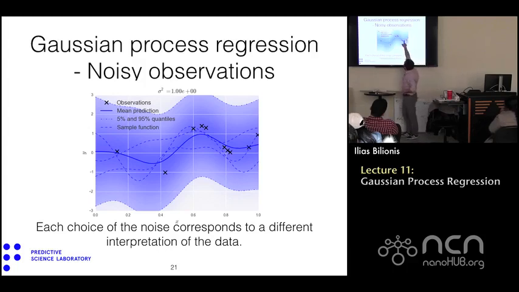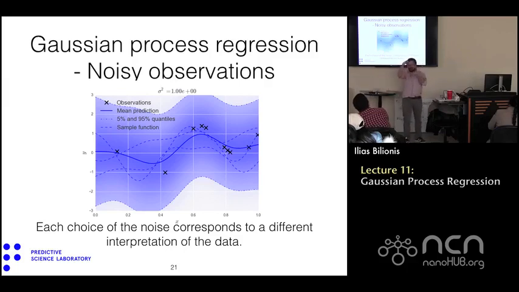So here you see the solid blue line is the posterior mean, and then the two standard deviations around the mean give you the lower and upper error bars, and you see a few samples from the posterior Gaussian process. And these error bars, by the way, include both the epistemic and the aleatory uncertainty, but these samples include only the epistemic uncertainty.